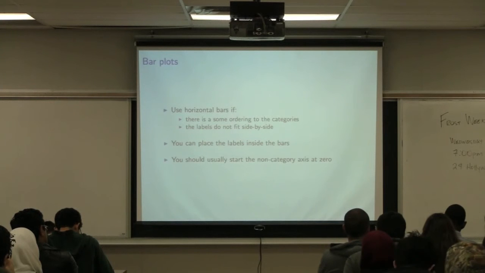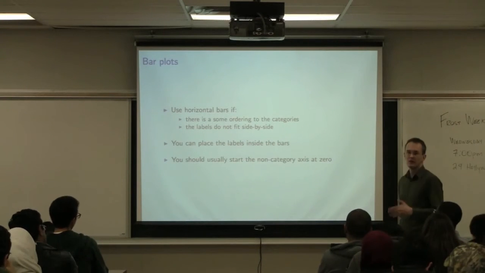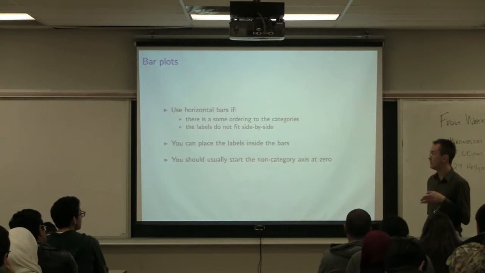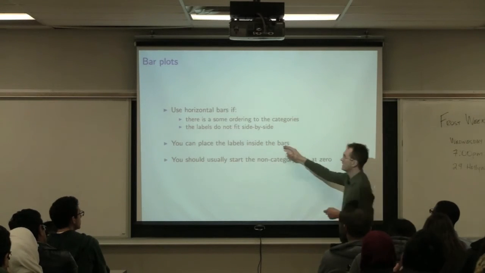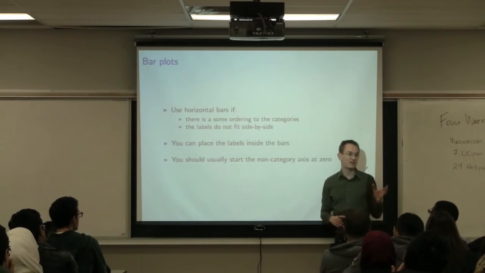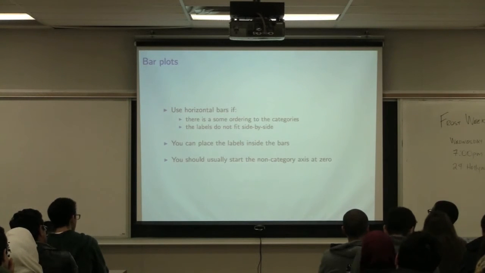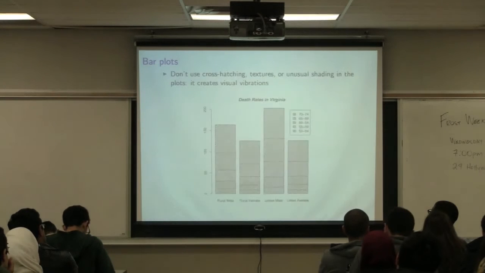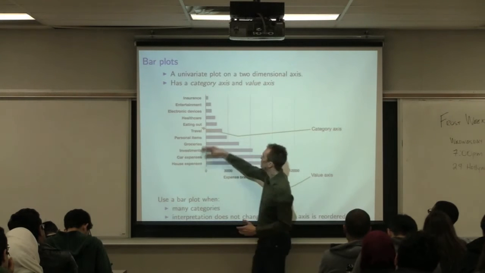So bar plots, just to summarize where we ended off last class: use horizontal bars by all means. Don't feel that your bar plot must be vertical. Reorder the categories. Bar plots always have a categorical axis. Reorder that categorical axis to tell your story. If you're trying to tell a story on which are the most important or the largest expenses, reorder that.